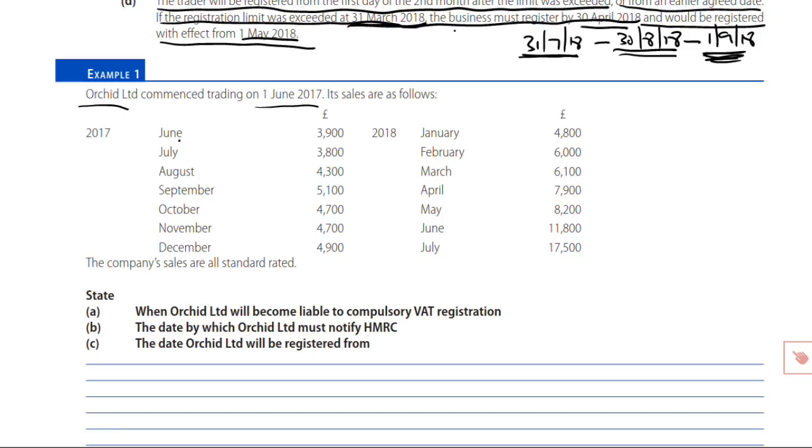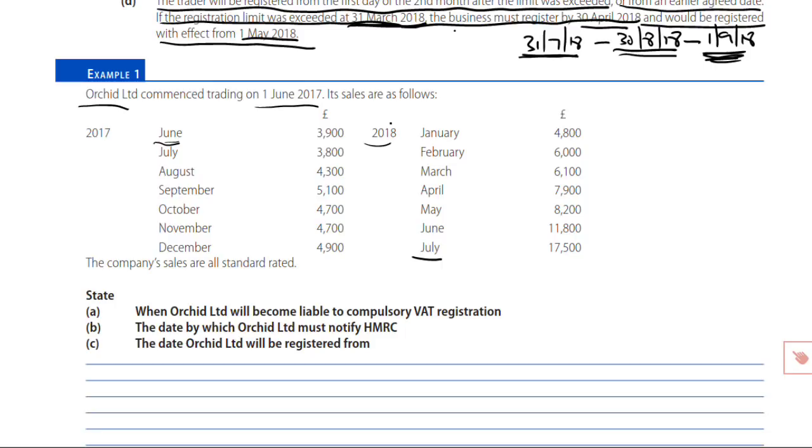So we can see here we go through from June of 17, and this information goes as far as July 2018. So we've got to see at what point, at what month end, have we got within a 12-month period prior to that, our cumulative total exceeding their £85,000.